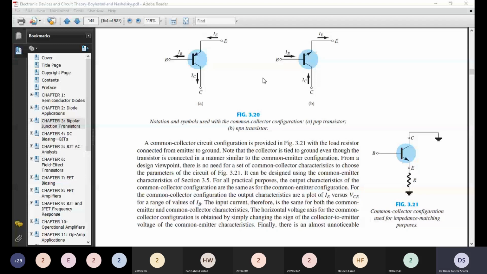This is the concept of impedance matching. We can achieve impedance matching using a transistor in common collector configuration. Impedance matching can also be achieved using transformers, and in our case it can also be achieved using transistors.